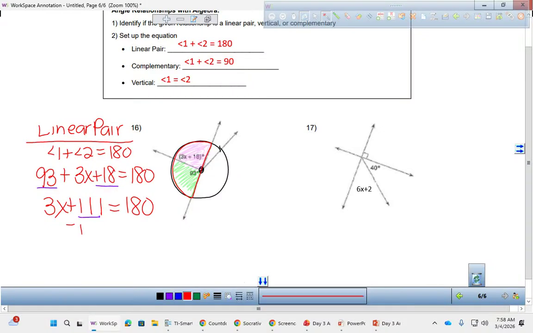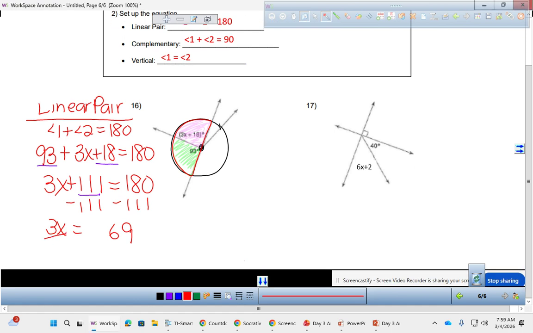And now I'm going to subtract the 111. And divide by my 3. X equals 23. Everybody okay with that one? Now, if I wanted to find this actual angle here, I would do 3 times 23 plus 18.